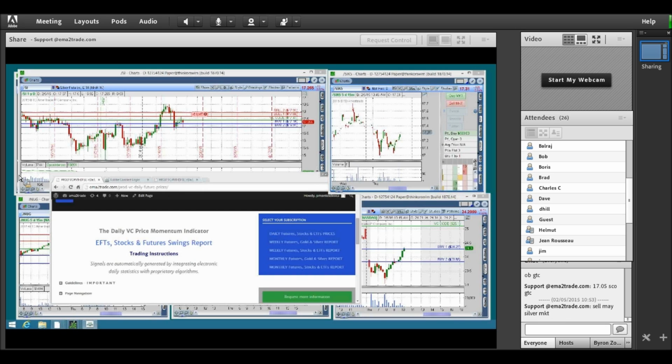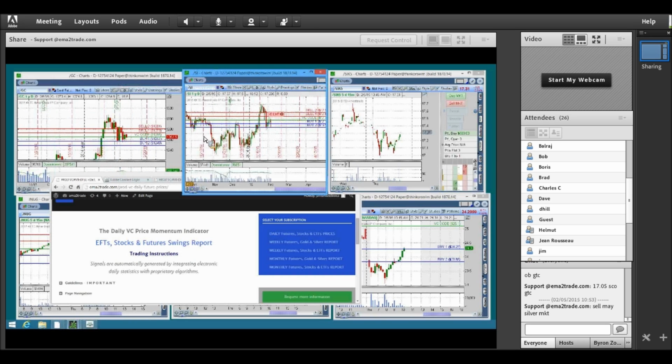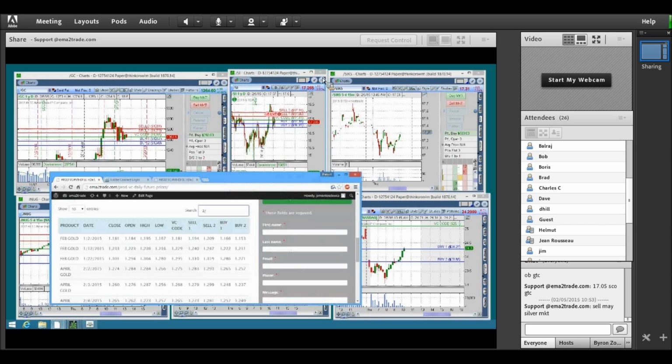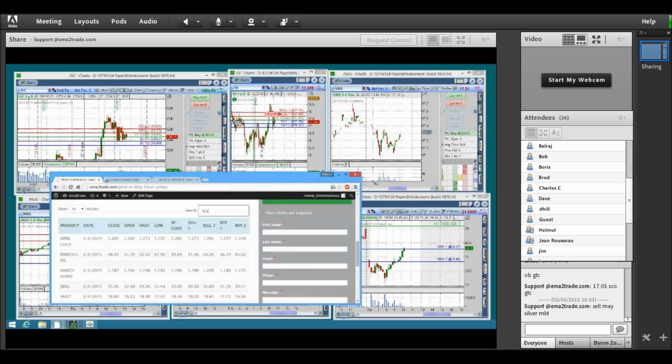We have made $500 on this trade for the day in May silver. We have made $250 for the day in 2 trades that we did in the gold market. And we are using the algorithms that were published last night.